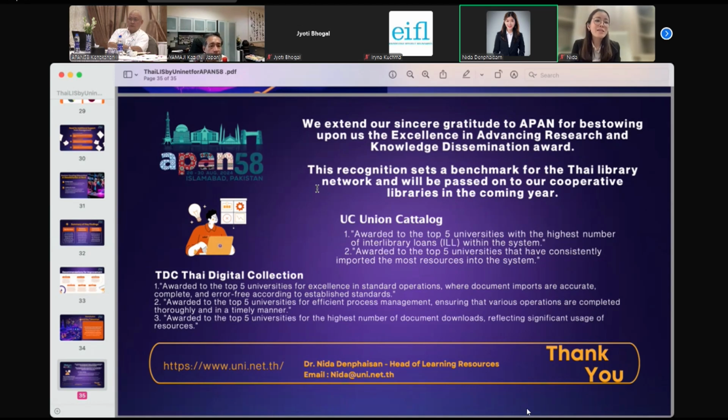So we will set this as the benchmark for Thai libraries to encourage them to improve their operations or systems and to continue the collaboration or community network. Okay, thank you so much.